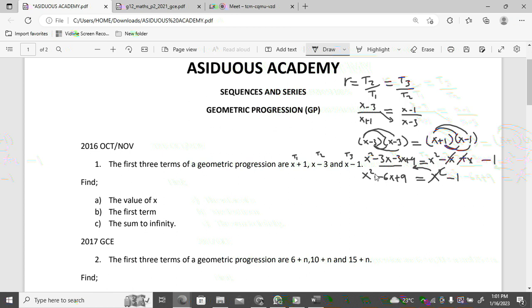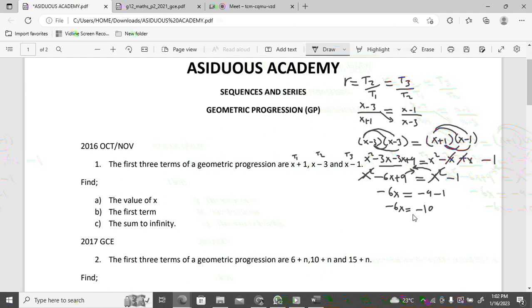If I take this x squared to this side, it is going to become negative, so this will cancel with this because one is positive, one is negative. Then we're going to remain with negative 6x, and that is going to be equal to, I'm going to take this 9 to the other side, so it also becomes negative 9. And then we have also a negative 1 that side, like terms. So negative 6x is equal to negative 9 minus 1, which is negative 10.